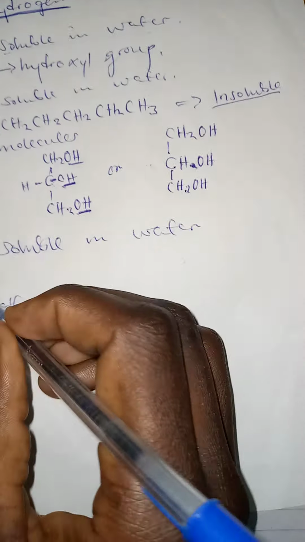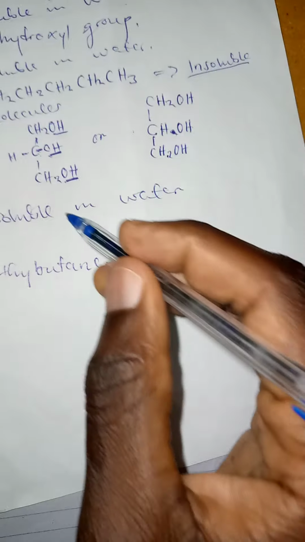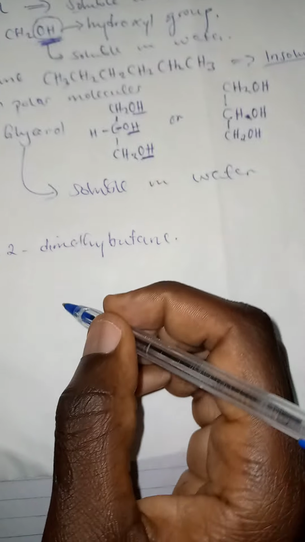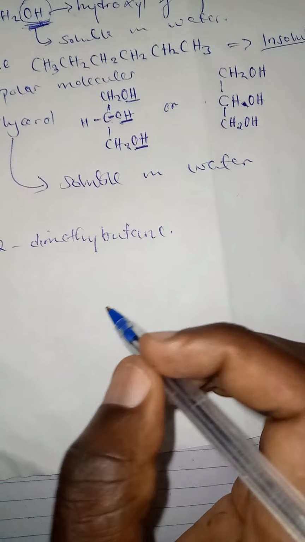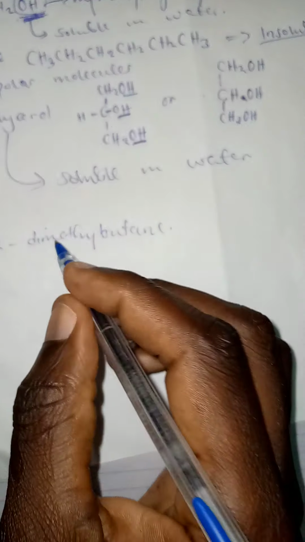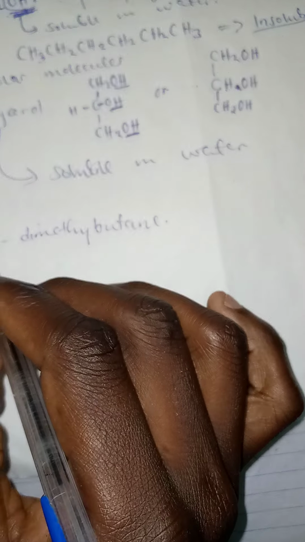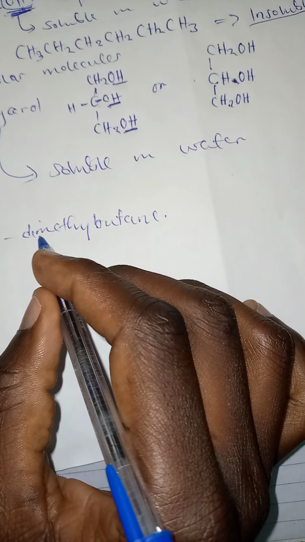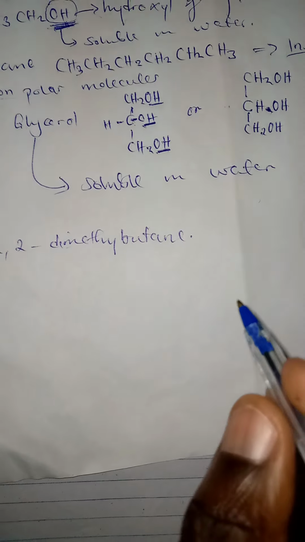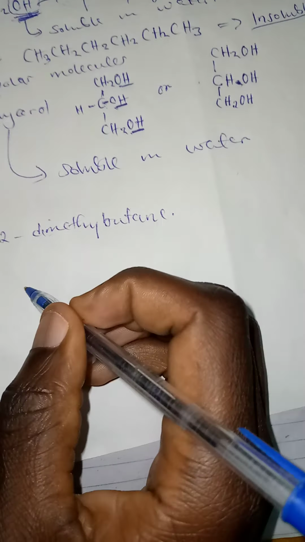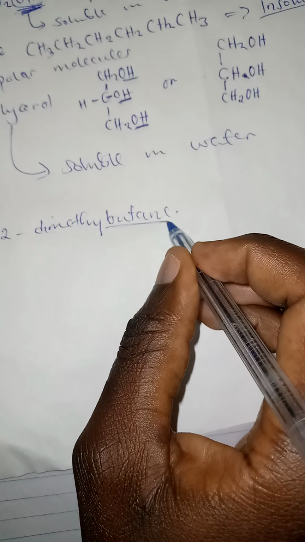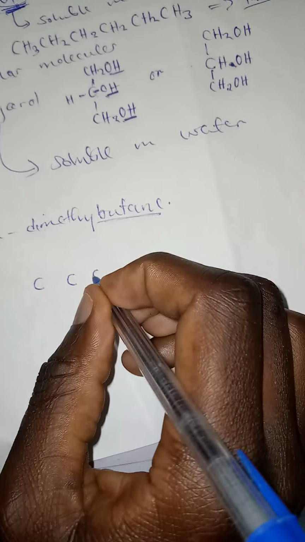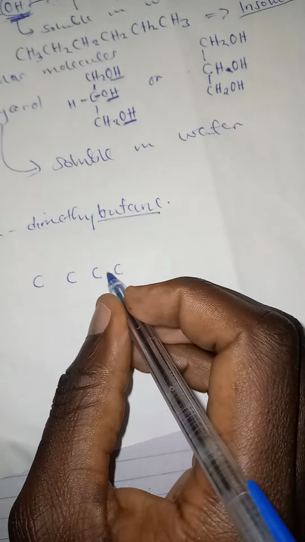Okay, so how to write these is just that simple, like the general formula. These two numbers are just showing you where the functional groups are. In 2,2 dimethyl, it means methyl is a functional group. Butane represents 4, so you put 1 carbon, 1 carbon, 1 carbon, and 1 carbon, which is 1, 2, 3, 4.